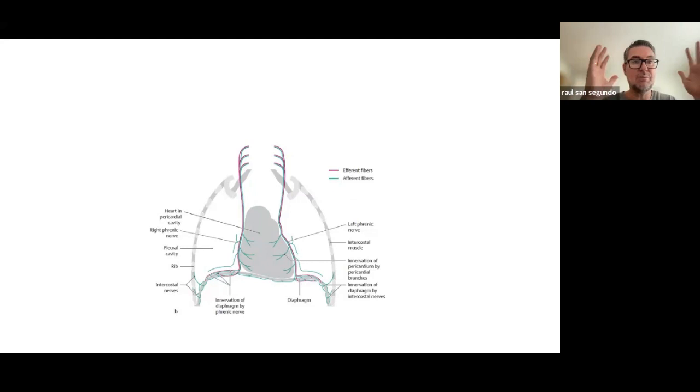This is something that really made me think, because I thought that the phrenic nerve was only efferent. It only pumps the diaphragm down, it lowers the diaphragm fibers. That really got me confused and made me start to look in PubMed and look at some articles.